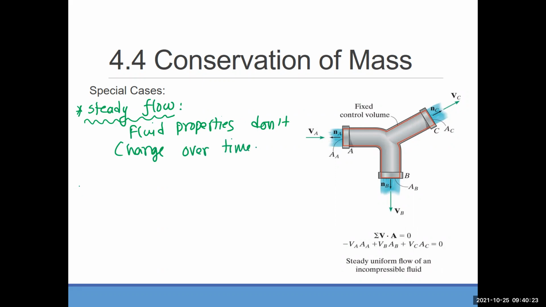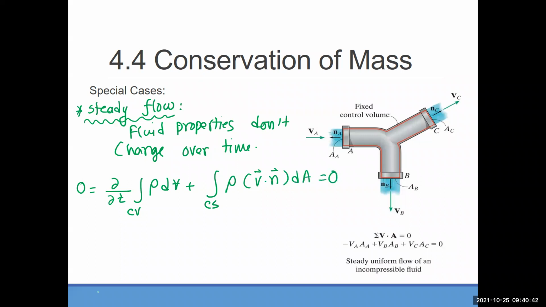That means if I write down that equation again, this whole term is 0 because it's d over dt, and that's not possible for the steady flow, right? So the final expression, what did we get?